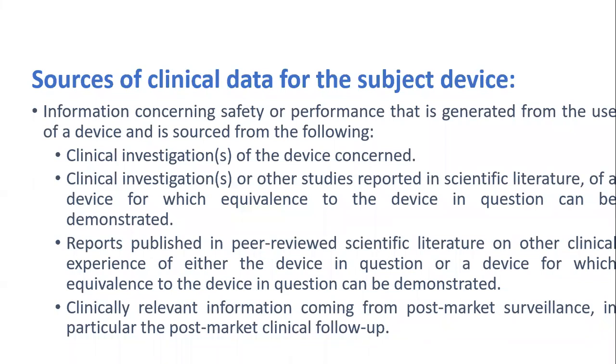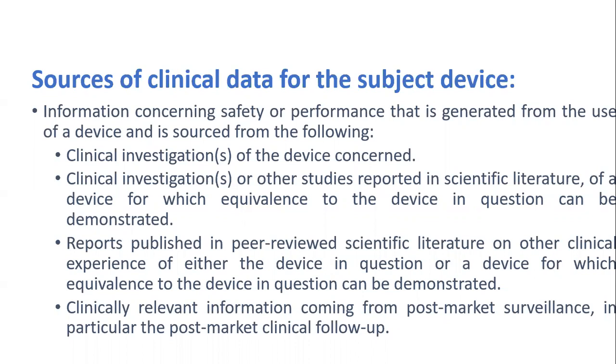So for low-risk devices, as per MDR, we need to sign a contract with the company for demonstrating equivalency. But for low-risk devices, the notified body is not that strict. For class 1 devices, we demonstrate the equivalency without signing the contract if all technical, biological, and clinical characteristics are the same.